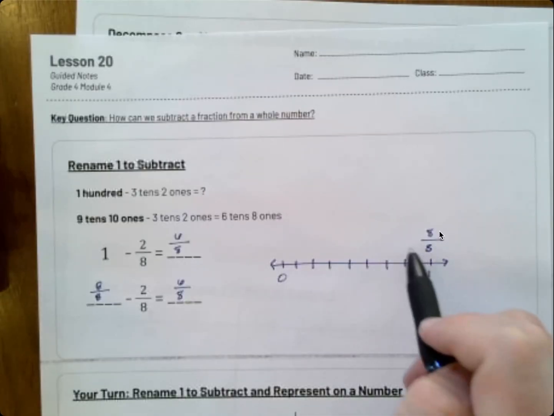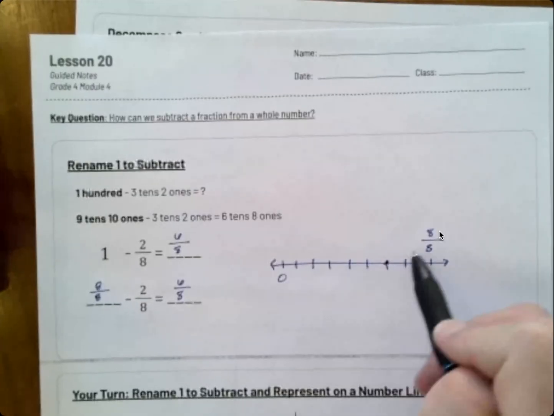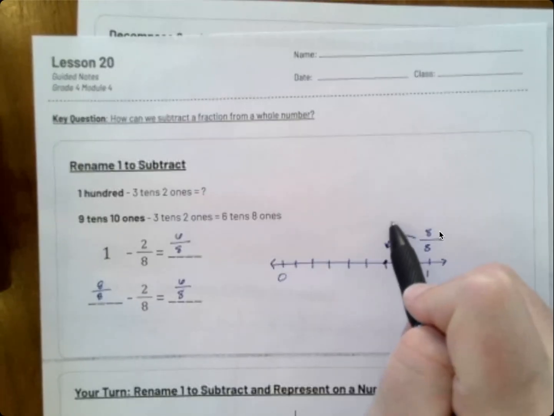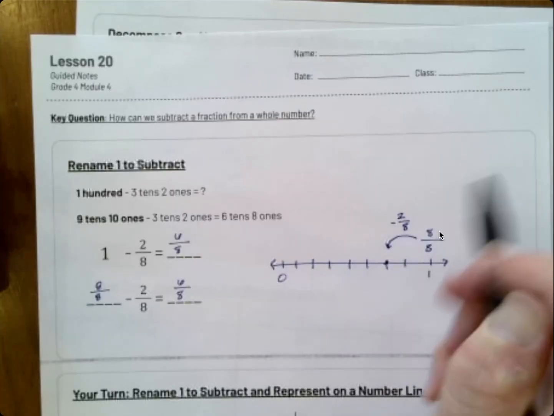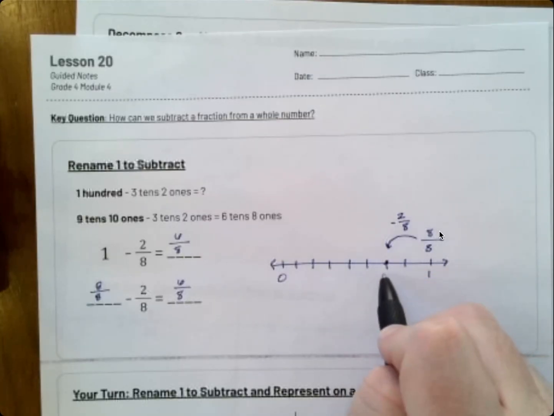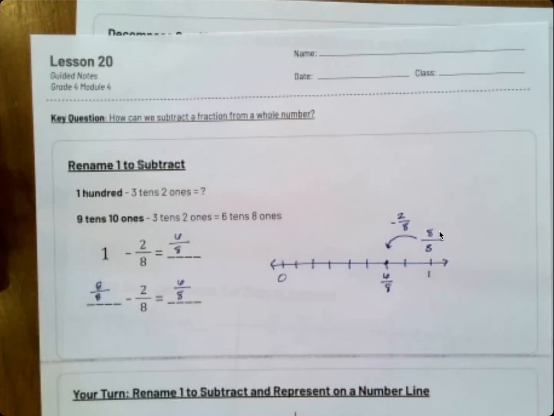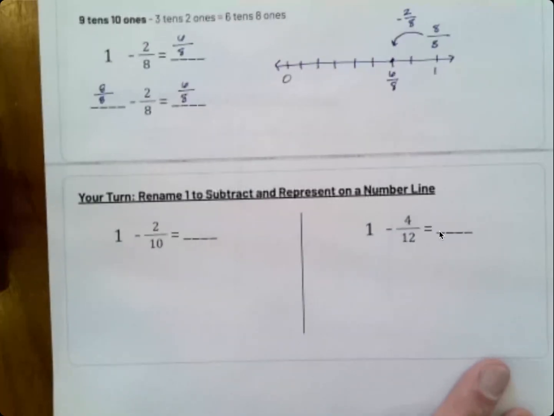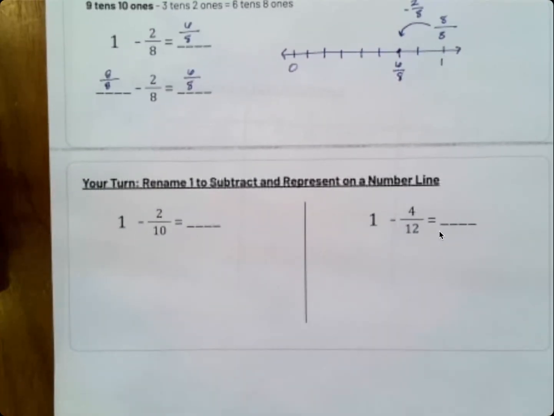So 1 or 8/8 minus 2/8 will get us to 6/8. Okay, great.